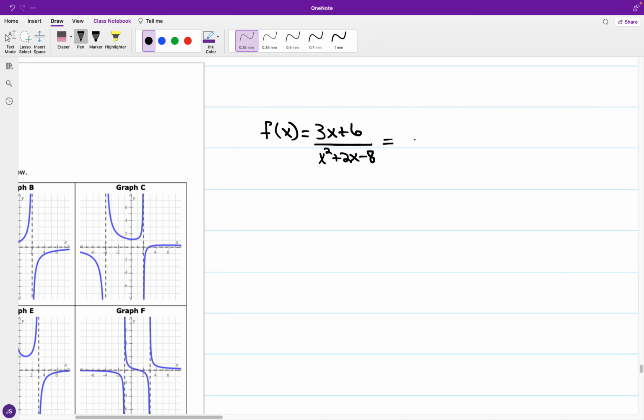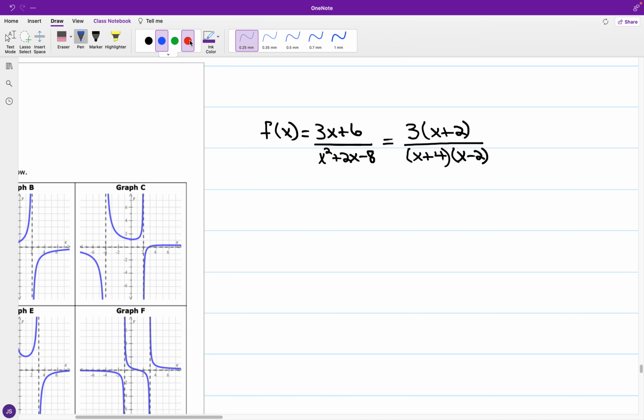Now this rational function is already in simplified form, but I'm just going to express it in factored terms. So x squared plus 2x minus 8 factors into x plus 4 and x minus 2.